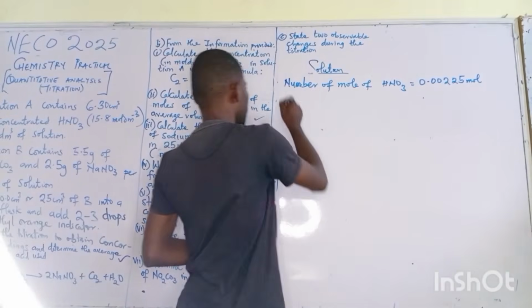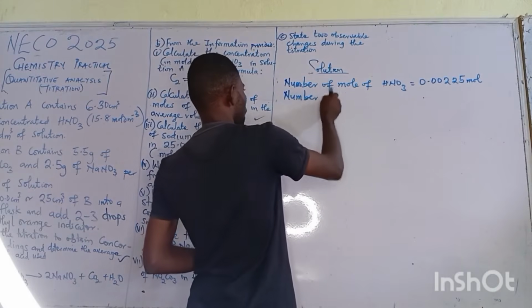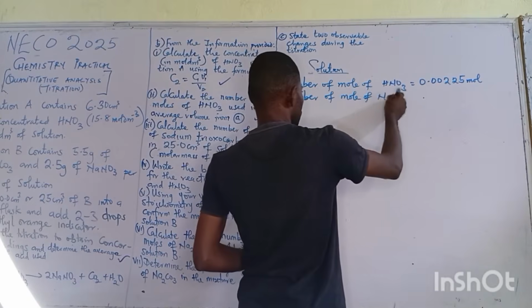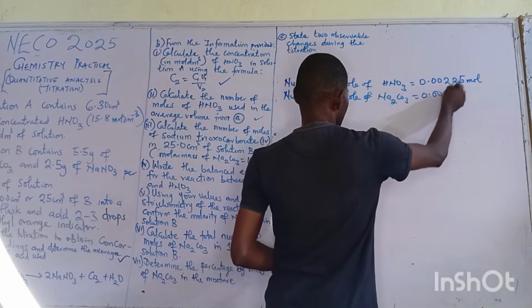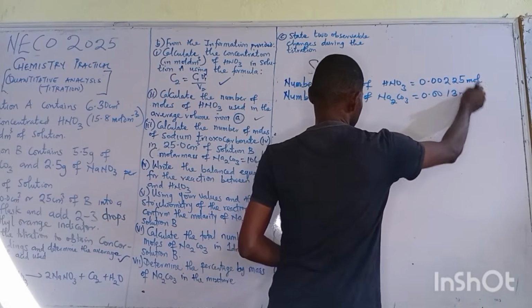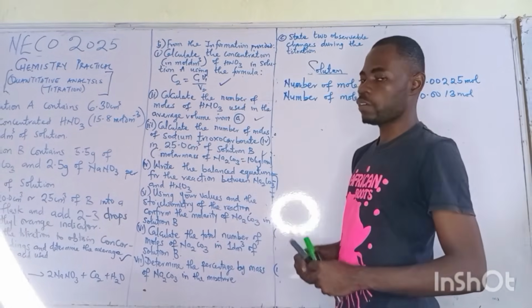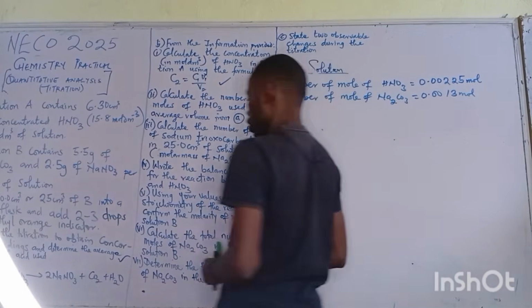And for that of our base, Na2CO3, we also got 0.0013 mole. Now we want to use this to measure our method of calculation, relating our chemical equation, calculation in chemistry.